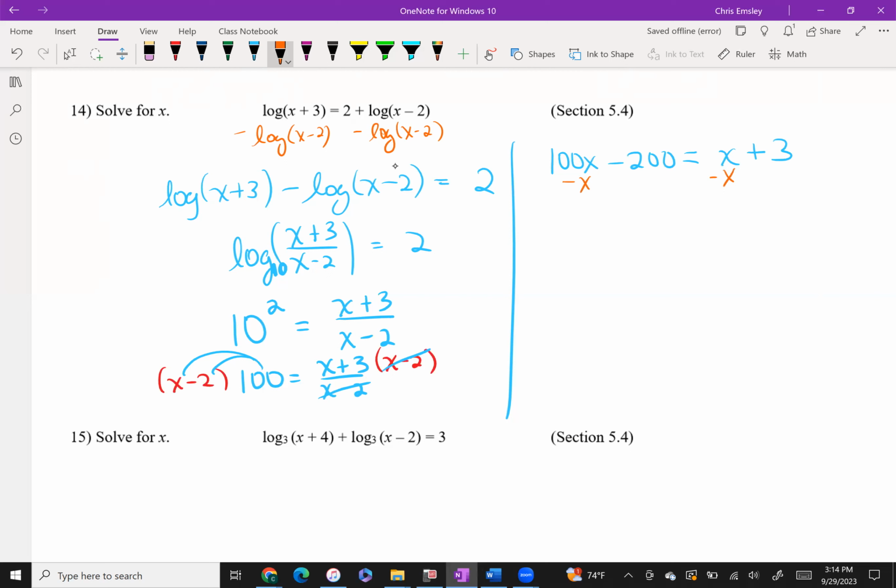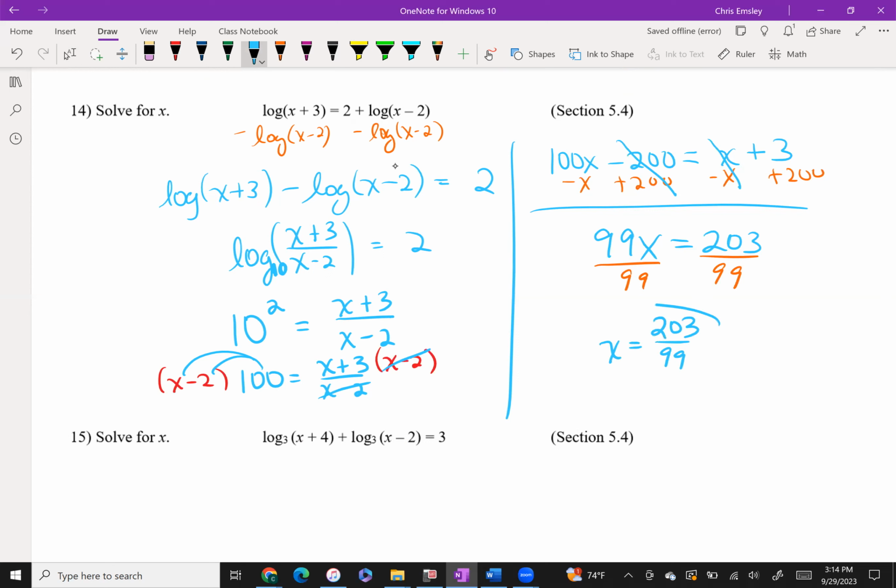I'm also going to add this 200 over with our other constant. So we end up with 100x minus x is 99x. Those cancel, and 3 plus 200 is 203. Divide by that 99. And I don't think that one reduces. There is our final answer.